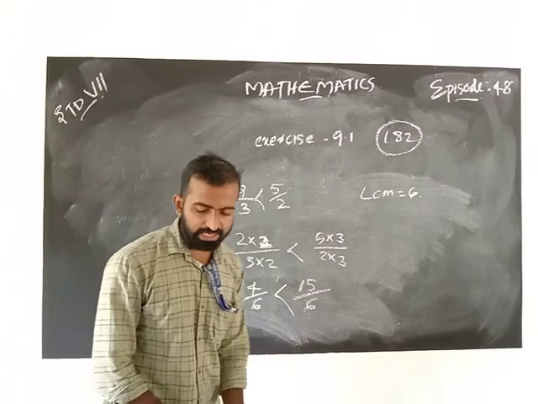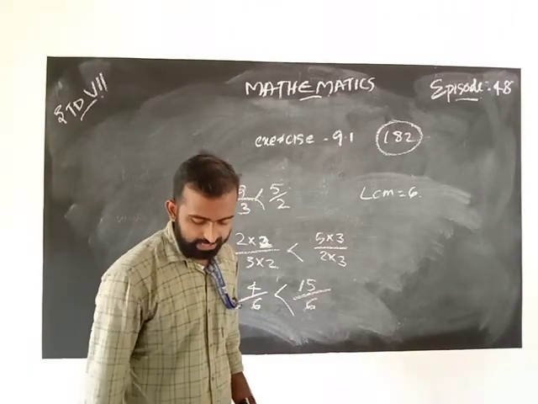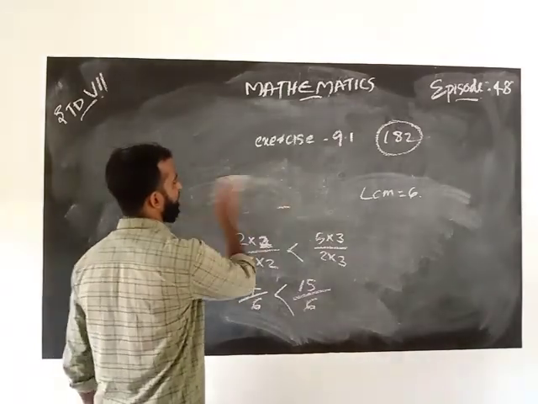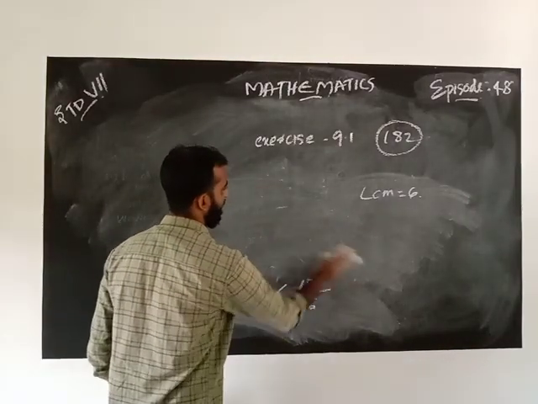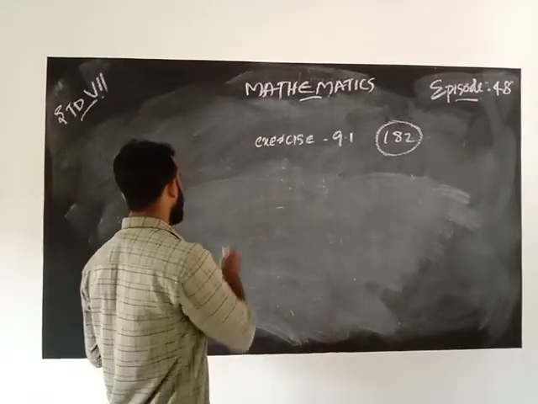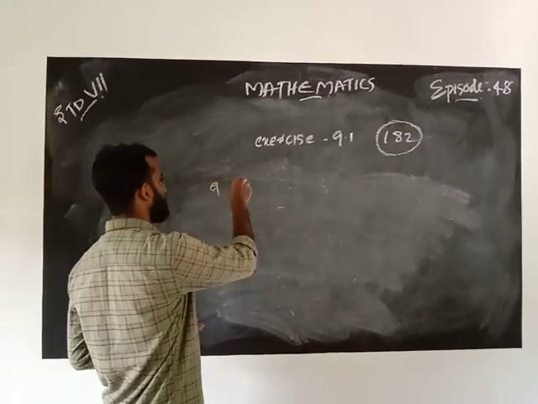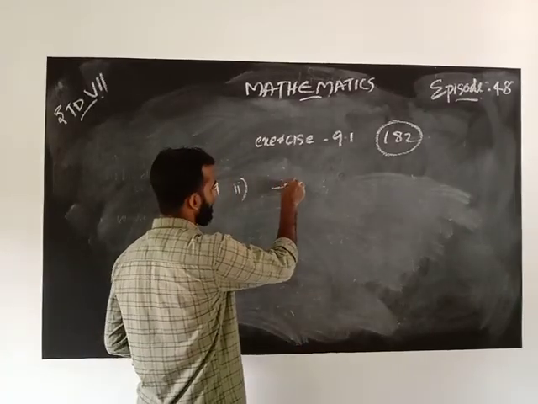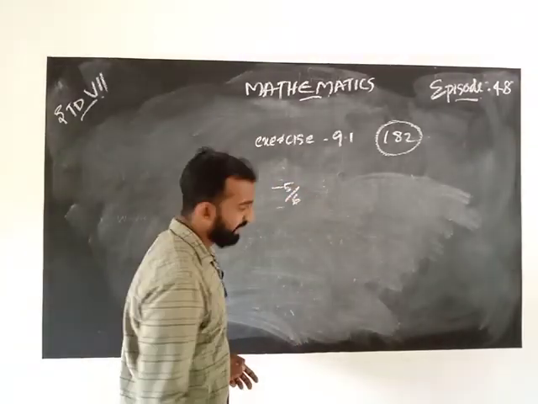And next one, second one, is negative 5 by 6 and negative 4 by 3. Ninth question, second one is negative 5 by 6 and negative 4 by 3.